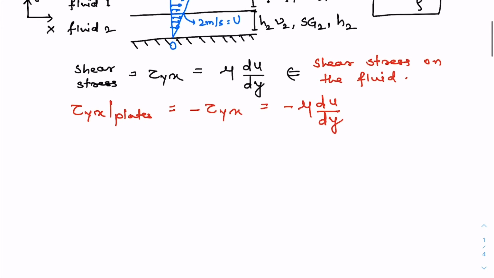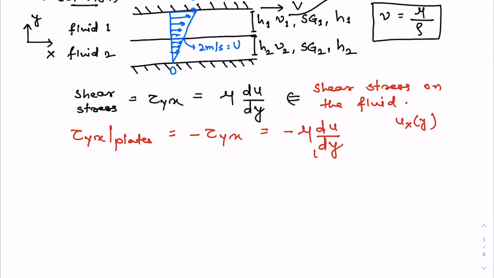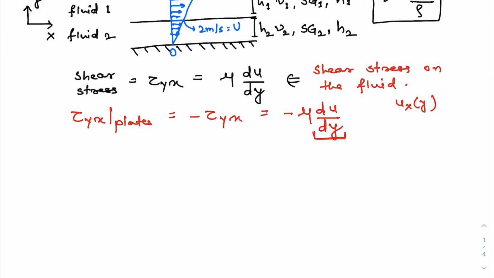And since u here is the x velocity of the fluid, which is a function of y. So since the velocity profile is linear, du by dy is easy to calculate, and du by dy is simply the difference in the u velocity divided by difference in the y coordinate.